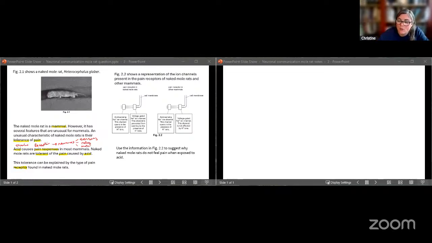Let's see what they've told us. Figure 2.2 shows a representation of some ion channels present in the pain receptors, and these are present in both the naked mole rat and other mammals. The first thing to look at is what they're telling us. We have acid sensing sodium channels, and this channel opens in the presence of acid. What they want me to think about is what I already know.